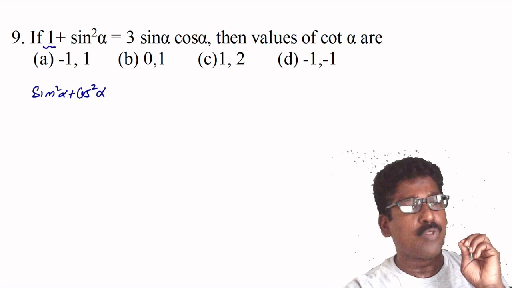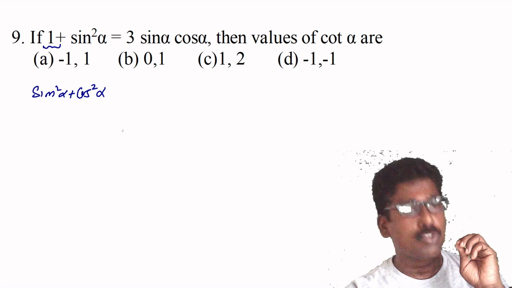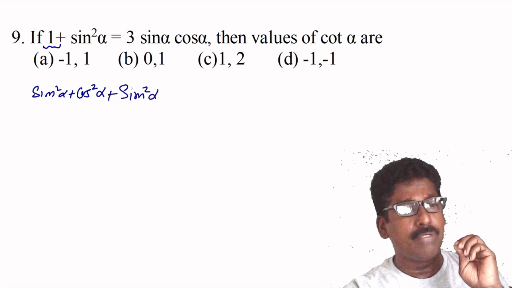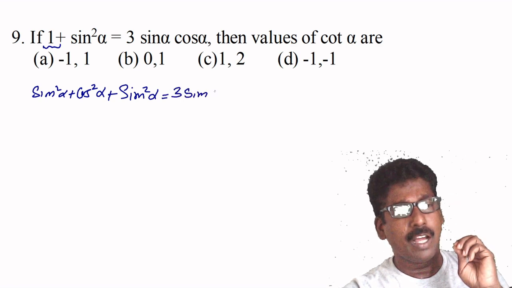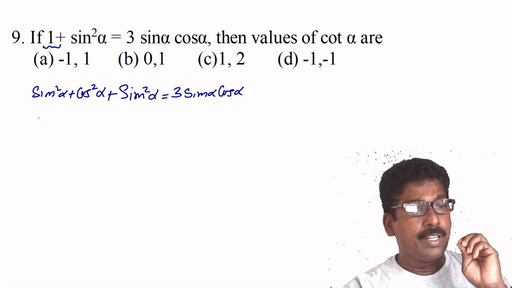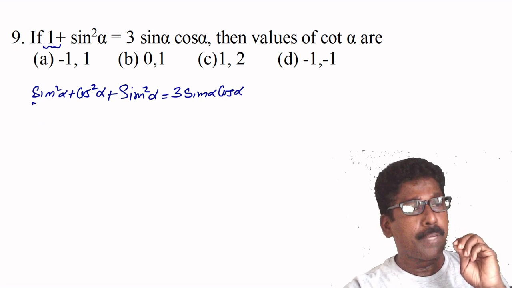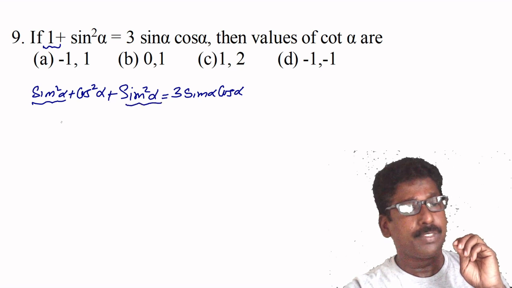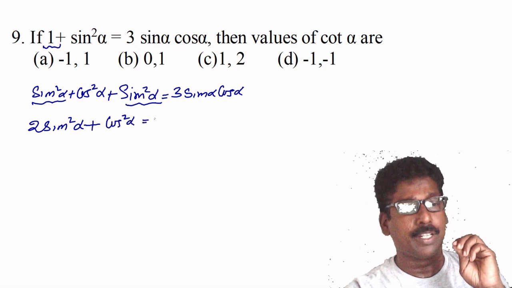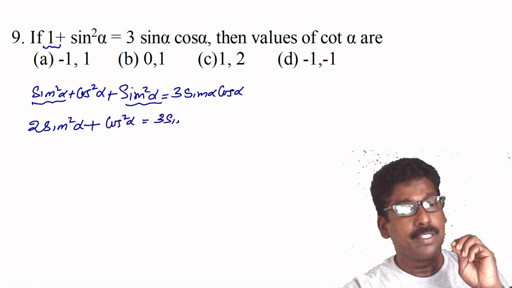That means this 1 you can write it as sin square alpha plus cos square alpha plus sin square alpha is equal to 3 sin alpha cos alpha. That is sin square alpha plus sin square alpha, that is 2 sin square alpha plus cos square alpha, you can write it as 3 sin alpha cos alpha.